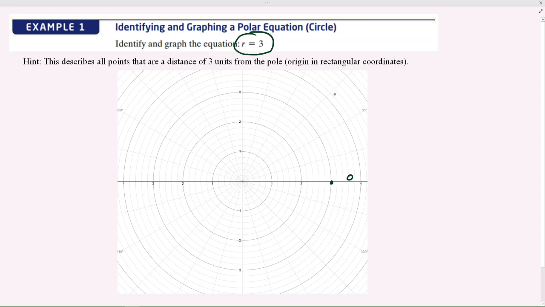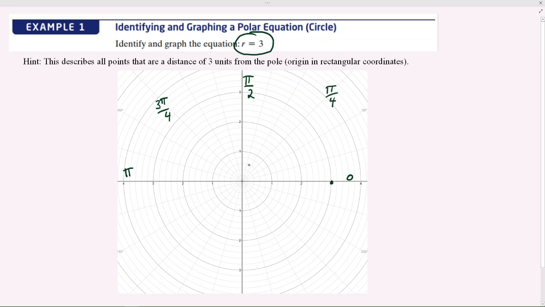So we like to label 0, pi over 4, pi over 2, 3 pi over 4, and pi. Okay, and this will be enough to give us the idea here.